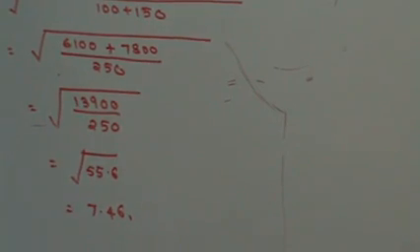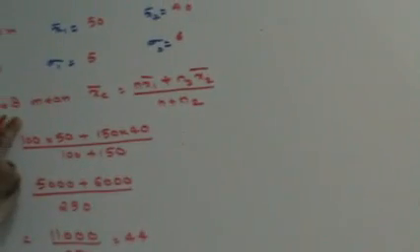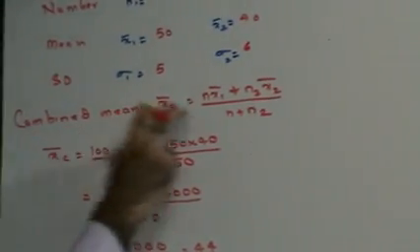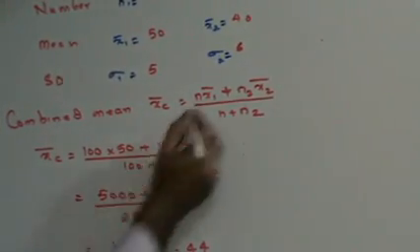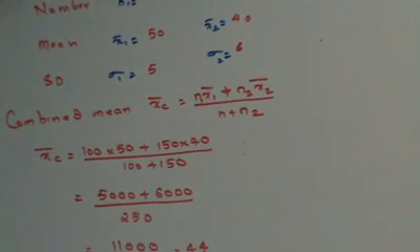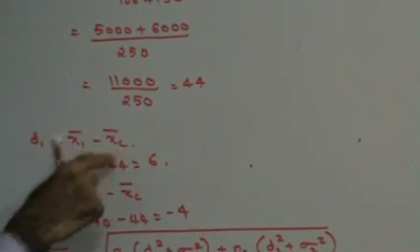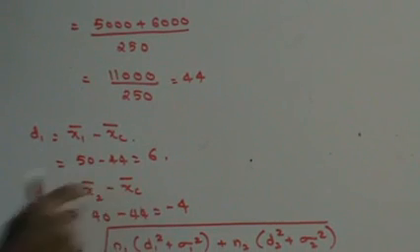You have 3 steps to do. First, you have to find out combined mean, using the formula xc is equal to n1x1 plus n2x2 upon n1 plus n2. Second step, you have to find out the deviations, that is x1 minus xc and x2 minus xc.